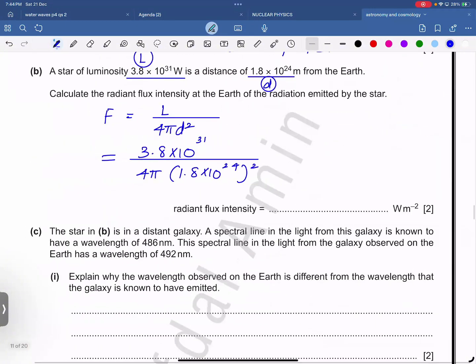Students, please calculate it. Make the calculations. 9.3 into 10 power negative 19. Copy, my dear students, please.